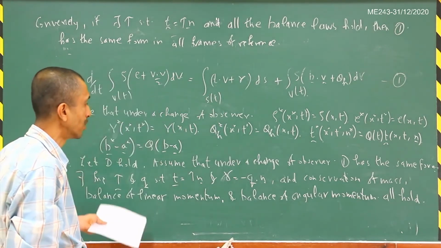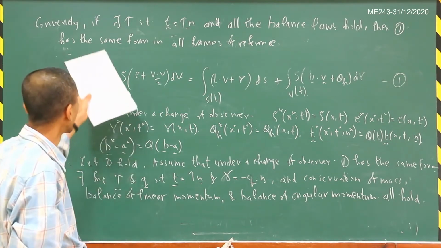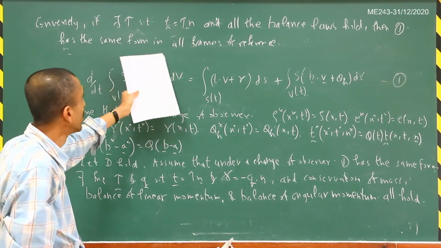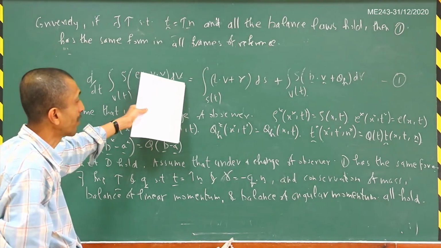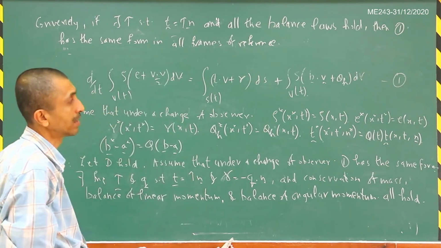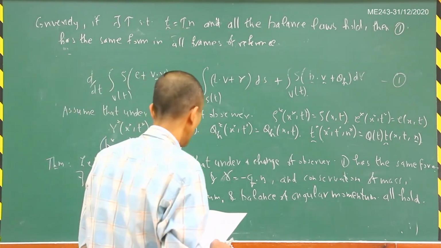That means if you assume that there exists a tau such that t equals tau n, and if all the balance laws hold, then this has the same form in all frames of reference. It's easy to prove, but the forward implication is quite difficult, and so let us try to show that. Fine.